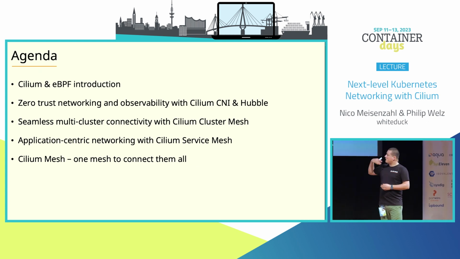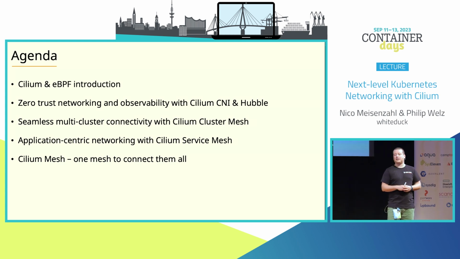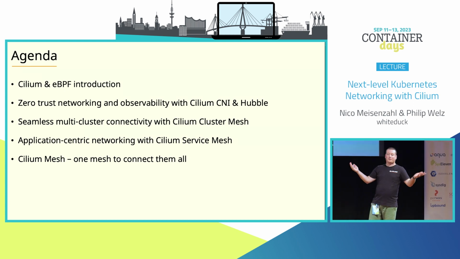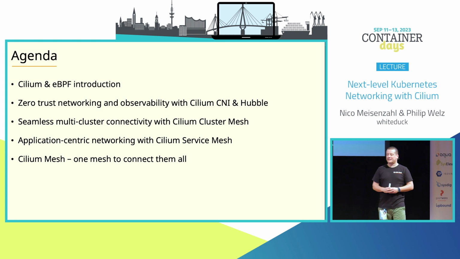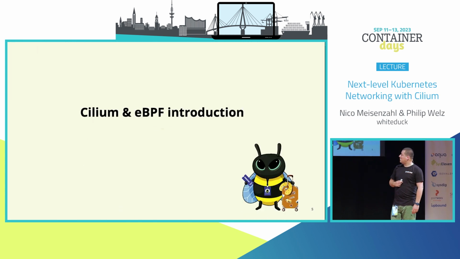Then going a level higher on the application level, we'll do application-centric networking with Cilium service mesh, routing our traffic from one cluster and one application to another, and then sum up the day with Cilium Mesh, one mesh to connect them all, to see how we can integrate any other workload into our Cilium mesh. So this is basically what we will talk about.